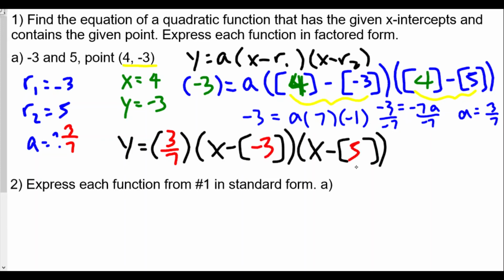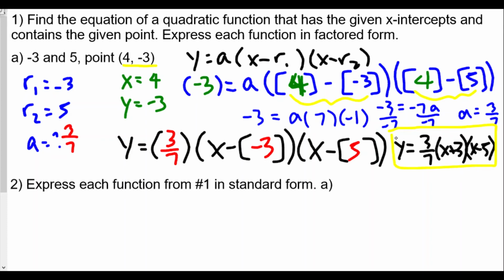R2 is 5. And if we simplify everything, we're going to get y equals 3 over 7 times (x plus 3) times (x minus 5). And this will be the root form of the quadratic function. There you go.